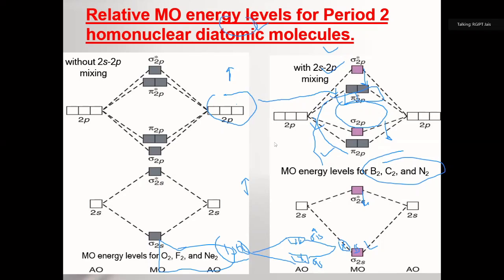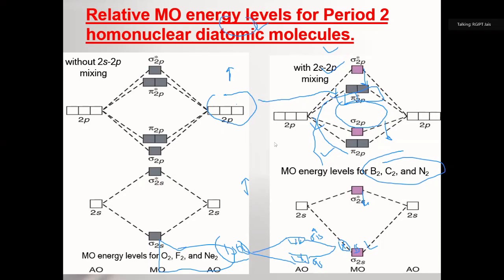And also it does not tell about bonding in complexes. This is the main limitation. After that, the next theory came, that is MOT, molecular orbital theory.